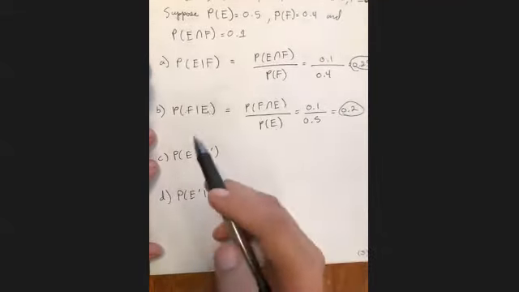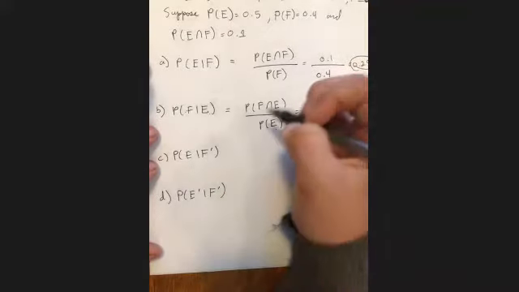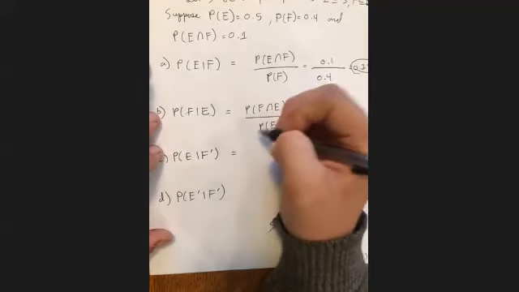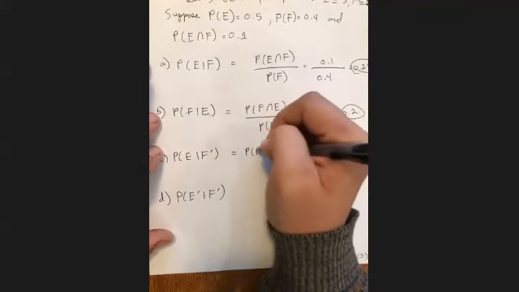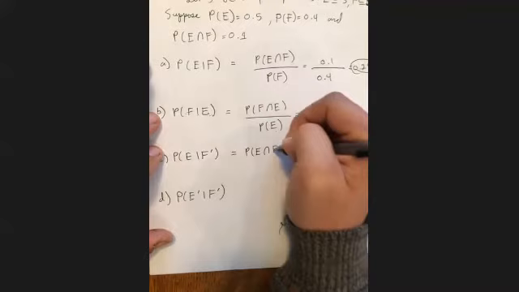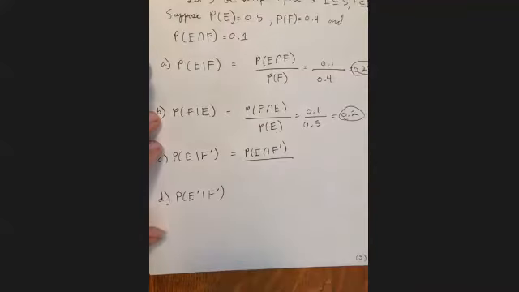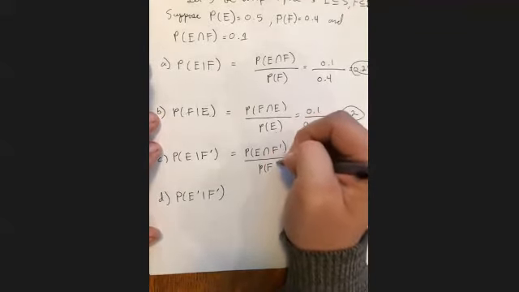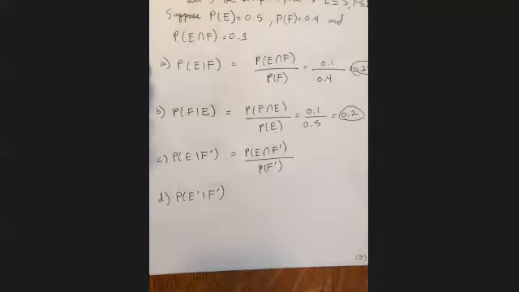Next, they're asking us for the probability of E given F complement. All right, so if we're using our formula, that's the probability of E intersect F complement over the probability of F complement. So how to think about this?